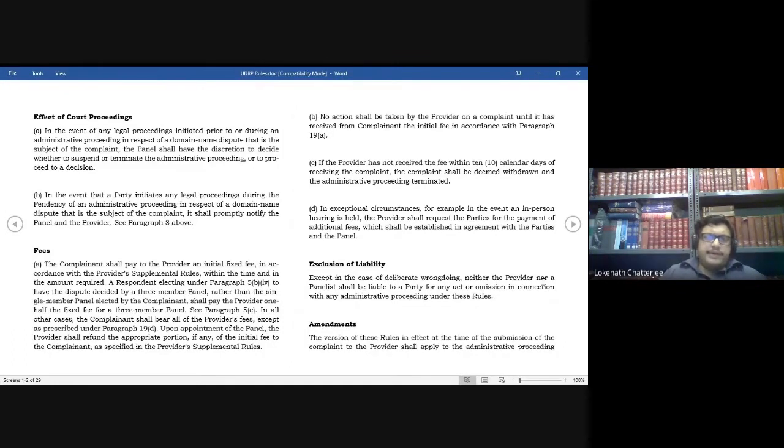And in case legal proceedings are initiated during the administrative proceeding, then it has to be notified. Fees again are as per the provider and how the fees are to be paid. Now they will start taking action only upon receipt of the fee.